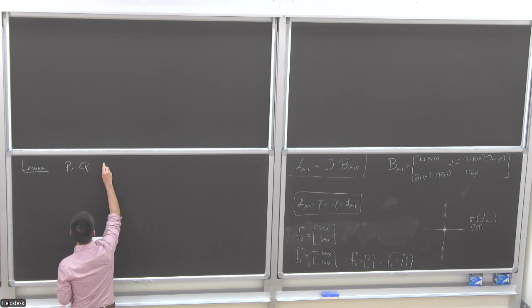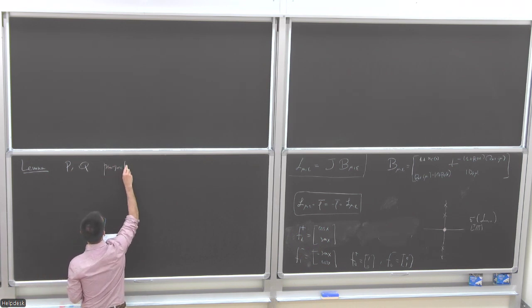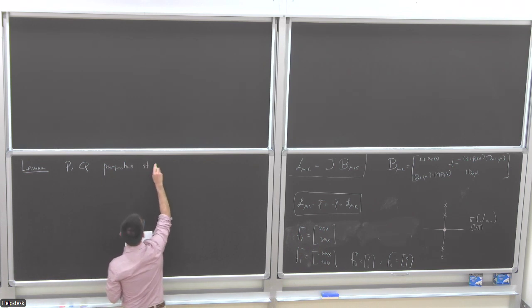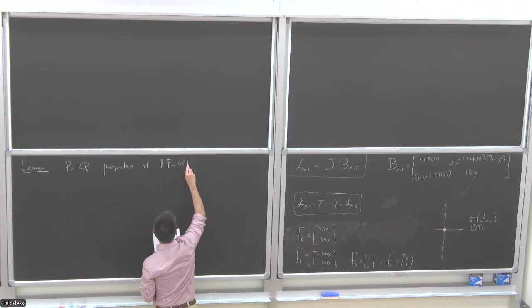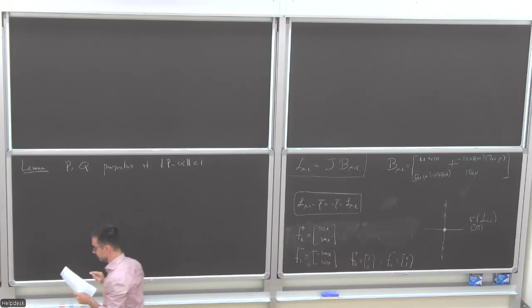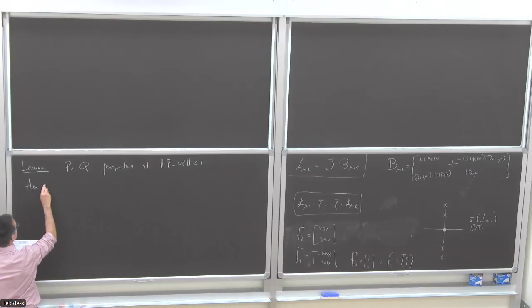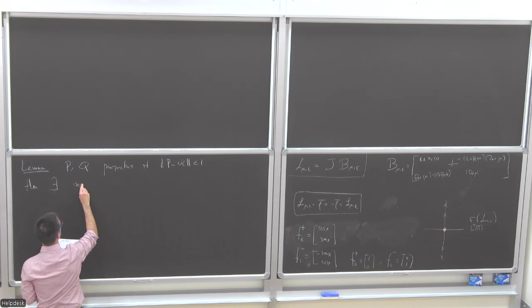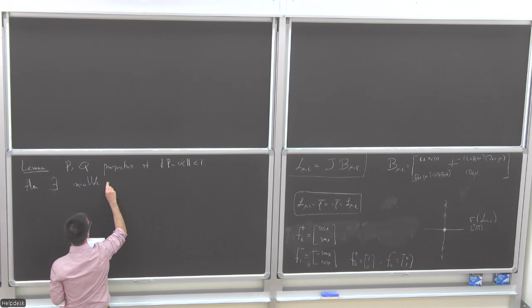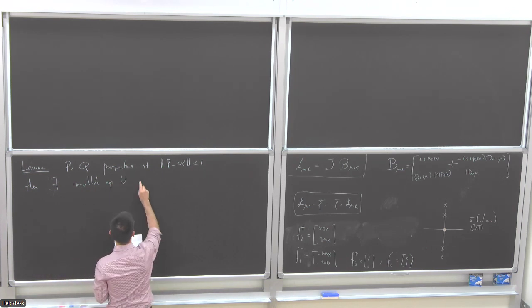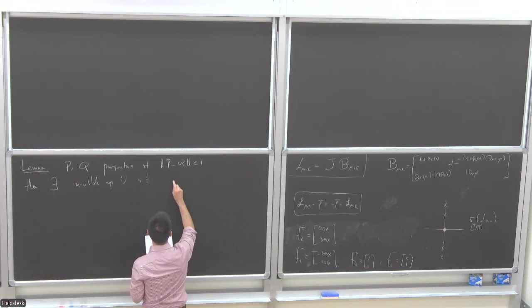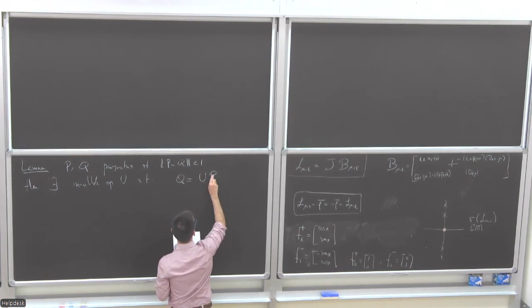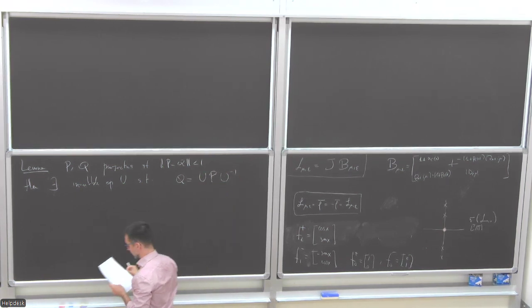I take P and Q, which are projectors, such that the norm of P minus Q is smaller than 1. Then there exists an invertible operator U such that U conjugates the two projectors, so that Q is equal to U P U minus 1.